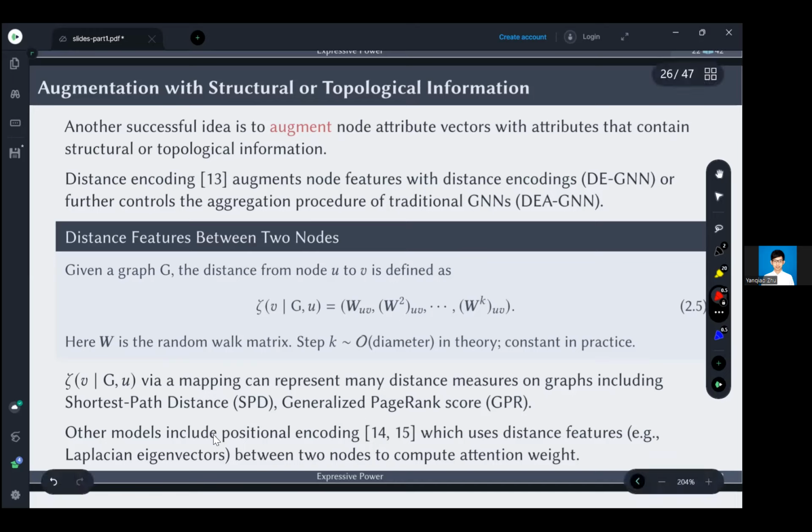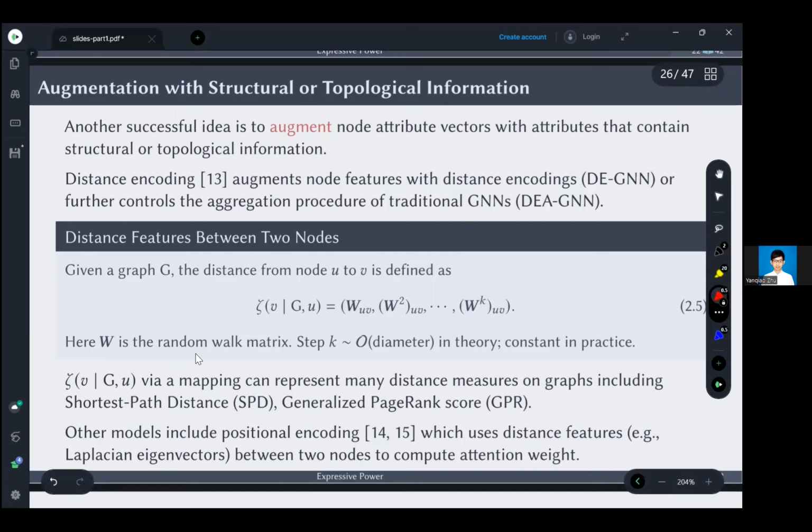And some other models include positional encodings. For example, the widely used Laplacian positional encoding basically means that you take the eigen decomposition of the Laplacian matrix, and you take the resulting eigenvectors as the position information, and you concatenate these so-called Laplacian eigenvectors to the node features, and your representation ability will be improved with some theoretical guarantees, but I omitted the details here.